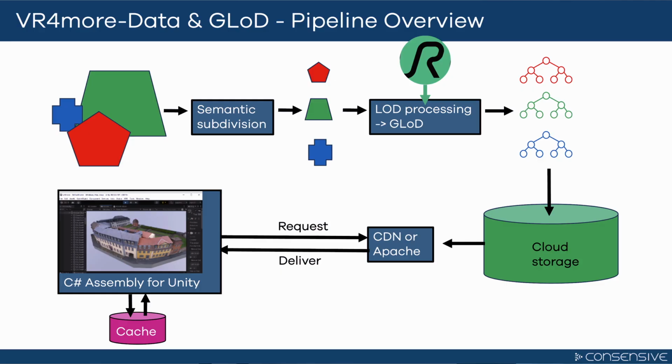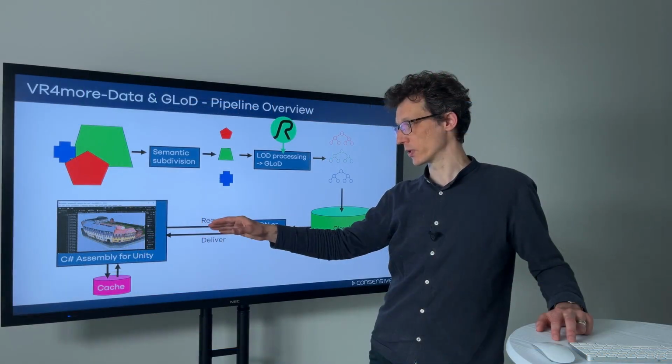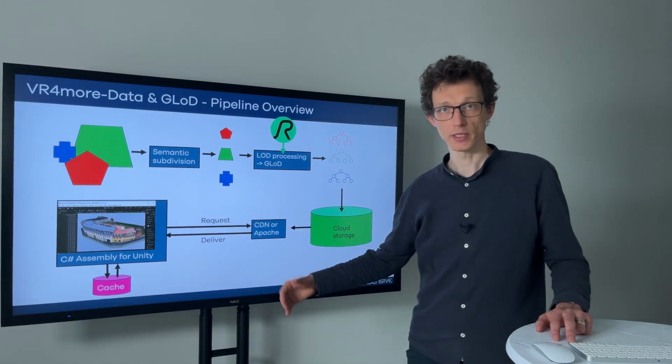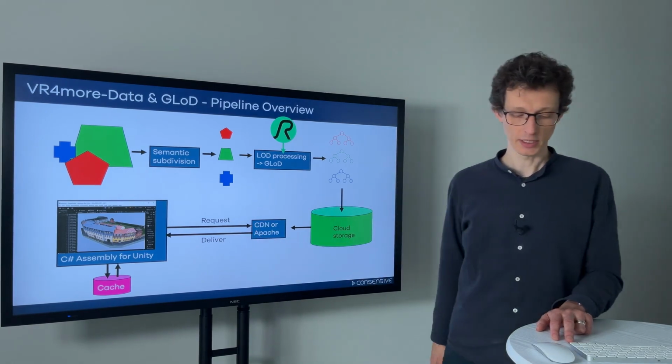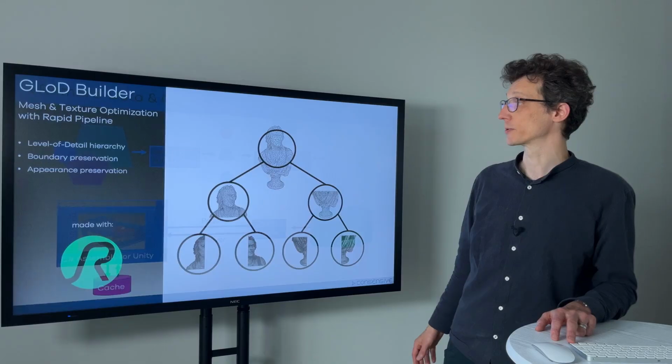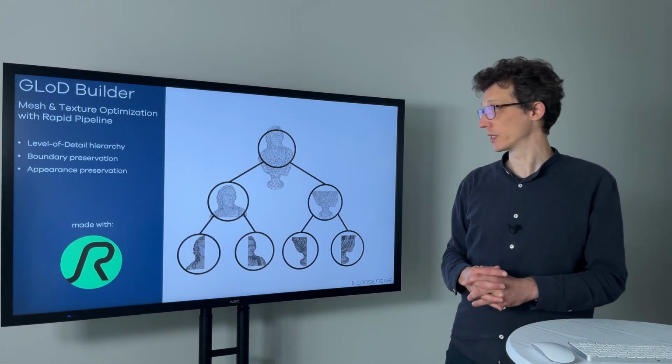The GLoD data is then stored on online storage and delivered via a content delivery network to any client application that runs our Unity runtime, which is a C# assembly available if you're interested, and we cache the data locally to minimize network traffic. The GLoD builder is where we use RapidPipeline.